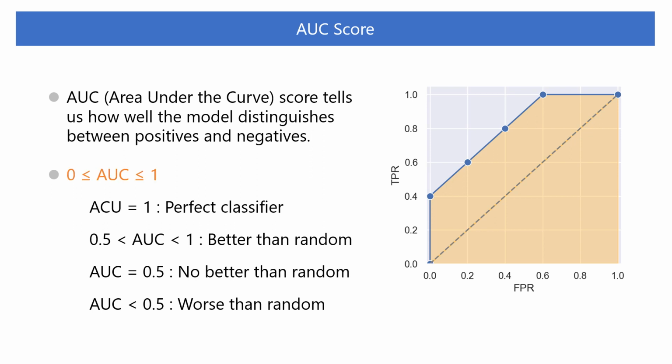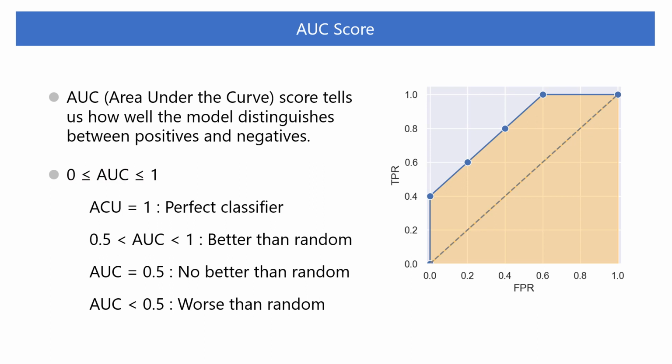The ROC curve is drawn in an area that ranges from the origin to a point where both the x and y coordinates are 1, so the maximum AUC score is 1. The minimum value of the AUC score is 0 because the AUC score is an area and therefore cannot be negative.